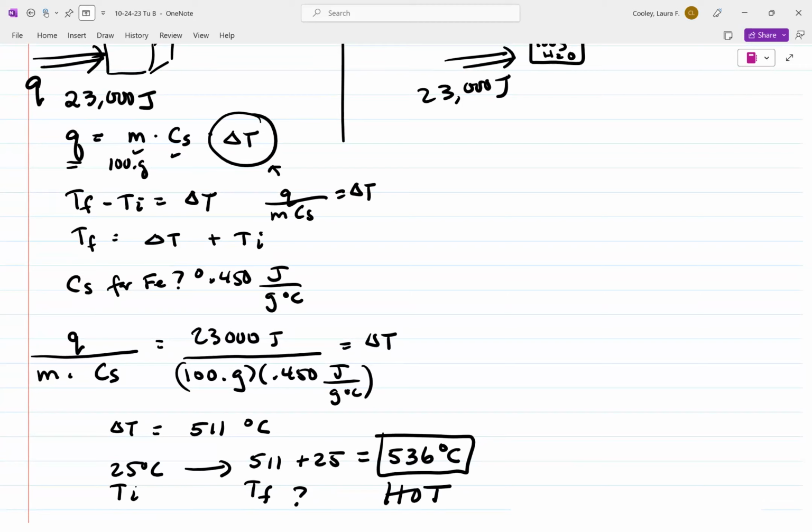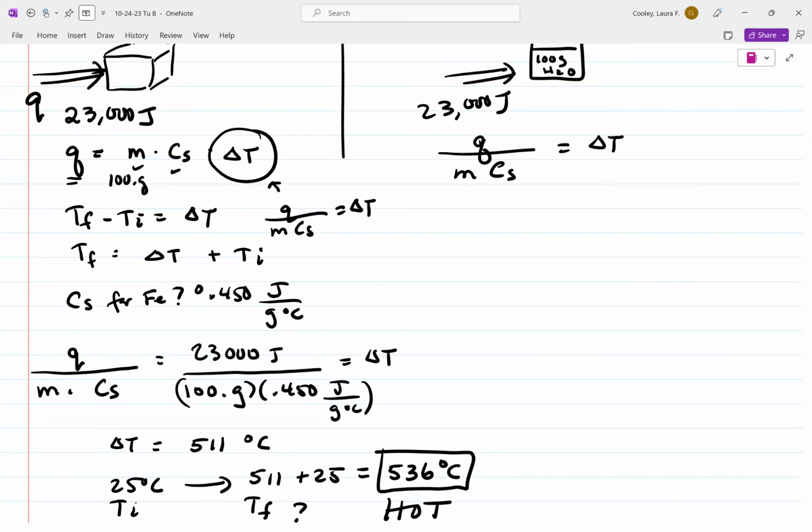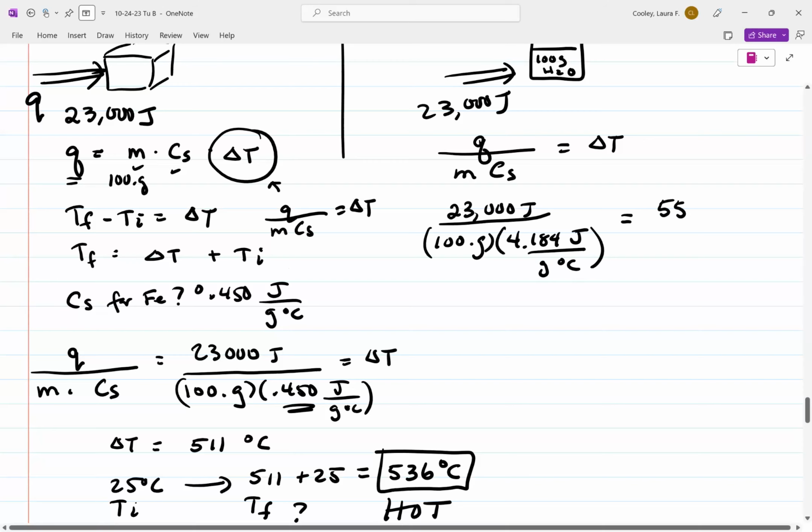Joules per gram degree C. Here I do the exact same calculation: Q over M CS gives me my delta T. It's the same calculation with the same grams, except instead of 0.450, it's 4.184 joules per gram degrees C. That comes out to 55 as your delta T. So the final temperature is the change in temperature plus the initial, which was 25.